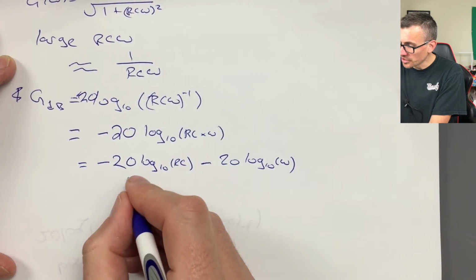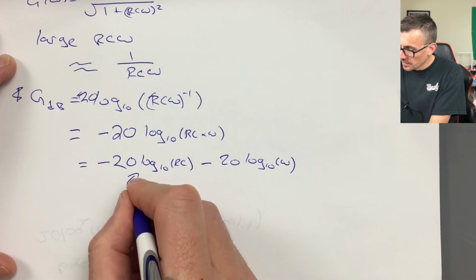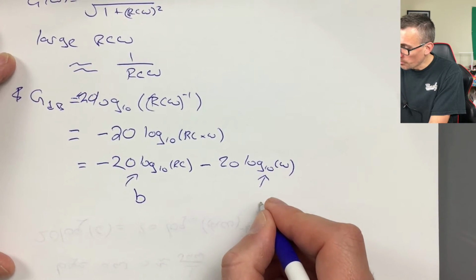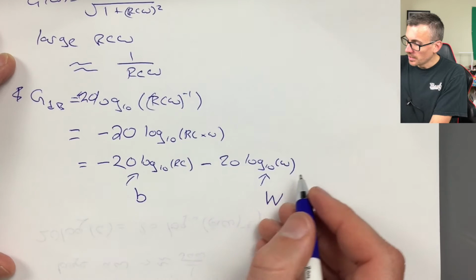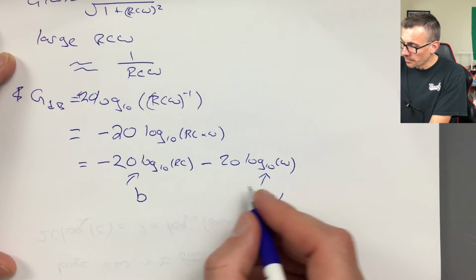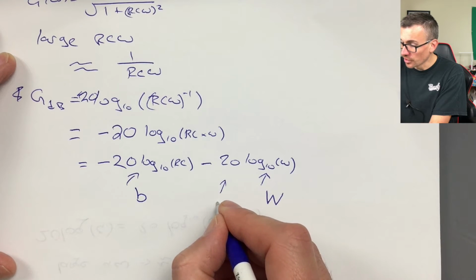Now this first part is just some constant. We'll call it B. This log of omega, we'll call it big W, is what we're plotting. That's our x-axis. And this is going to be our slope.